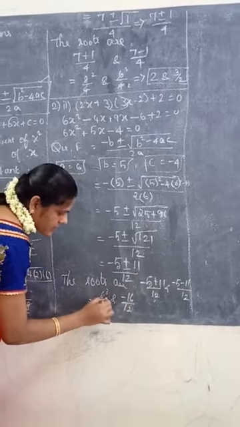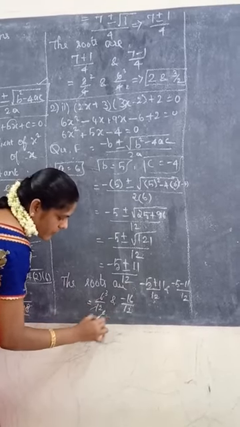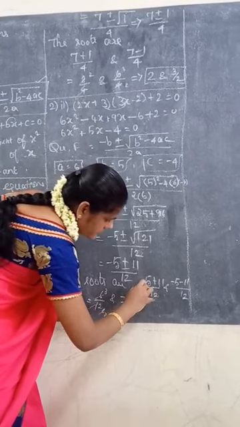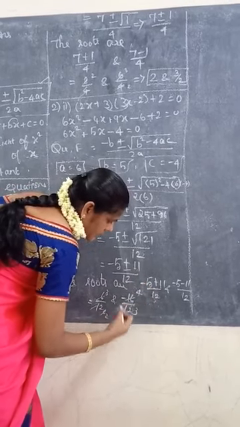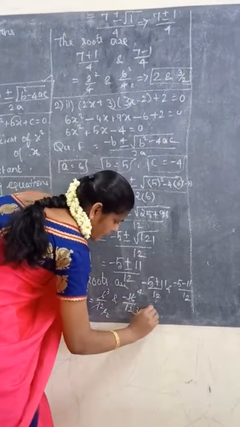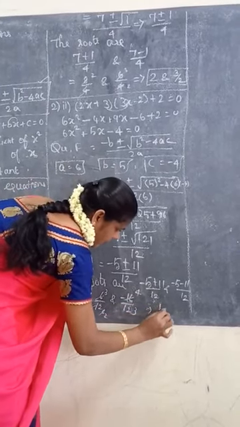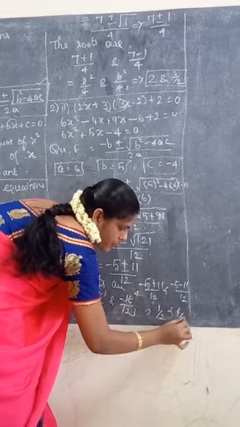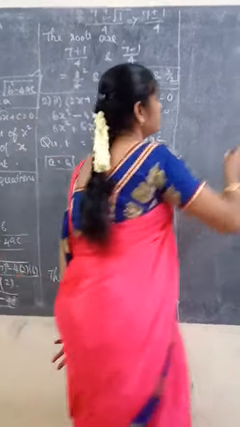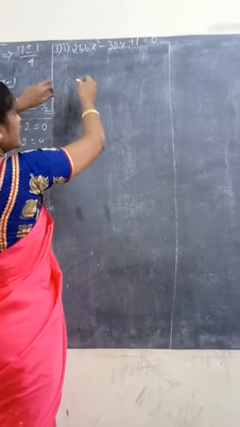Cancel this: 6 twos are 12, 1 by 2 here, and 4 by 3 here, 4 fours are 16, 4 threes are 12. So what are the roots? Root 1 by 2 and 4 by 3. These are the roots for the sum.